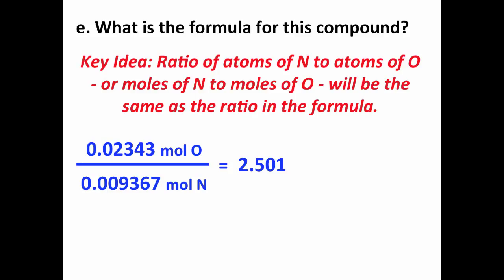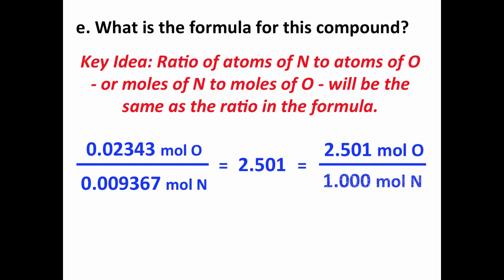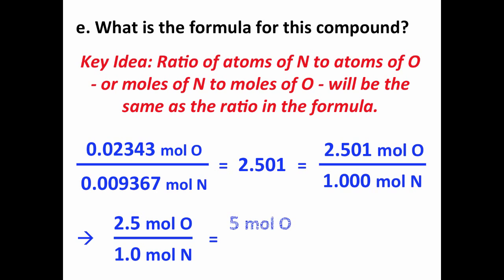And now we have a little interpretation to do, and we note that 2.501 as a ratio is 2.501 to 1, and specifically it's moles of oxygen to moles of nitrogen. So we basically have 2.5 moles of oxygen per 1 mole of nitrogen. And then what you need to do is recognize that a 2.5 to 1 ratio is the same as a 5 to 2 ratio.